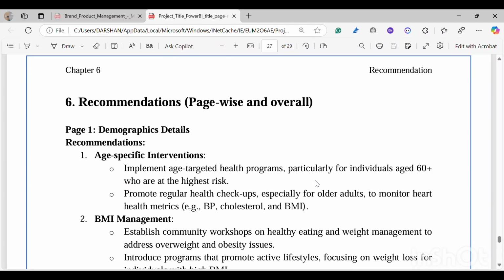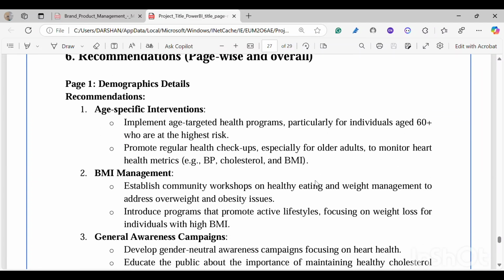So here is another recommendation I would love to make. Age-wise, our majority of population is shifting towards 60 plus or elderly. So implement age-targeted health programs, particularly focusing on individuals aged 60 plus who are at the highest risk.